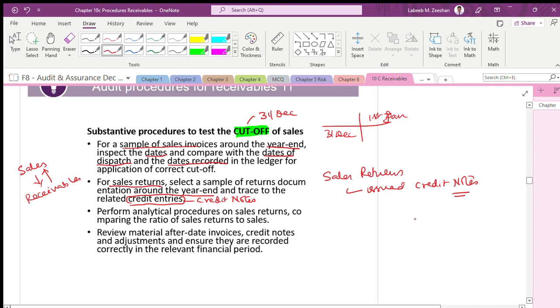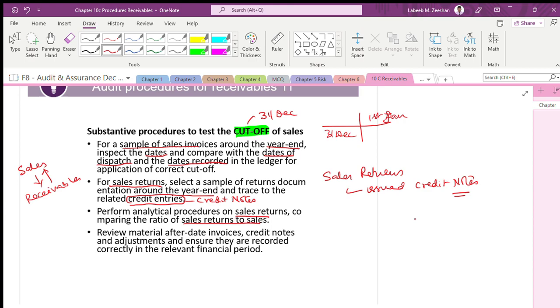Perform analytical procedures. What are the sales returns? Compare the ratio of sales to sales returns. Getting sales returns is also not healthy. You should not get returns, otherwise the activity will increase unnecessarily and the accuracy will get complicated.